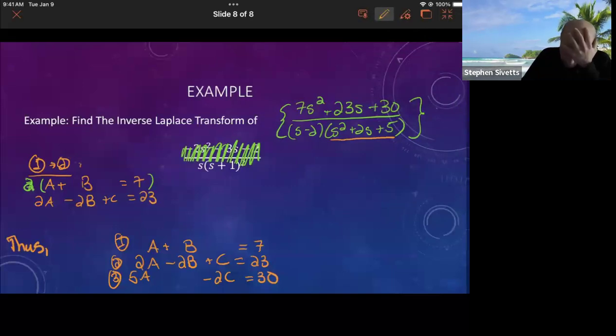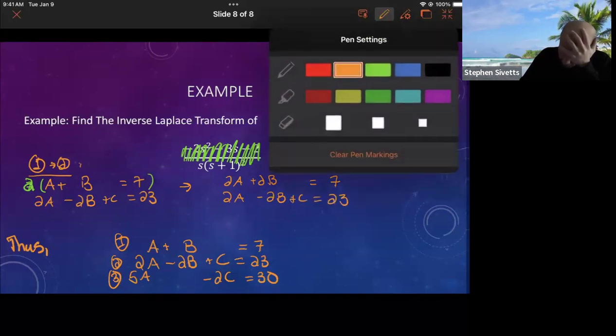So we'll have 2a plus 2b plus 0 equals 14, and 2a minus 2b plus c equals 23.